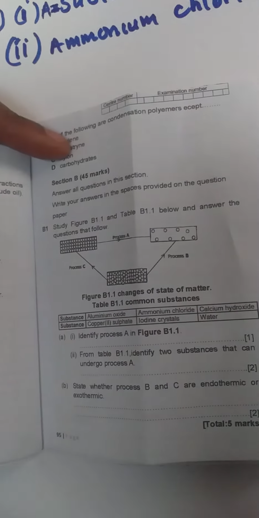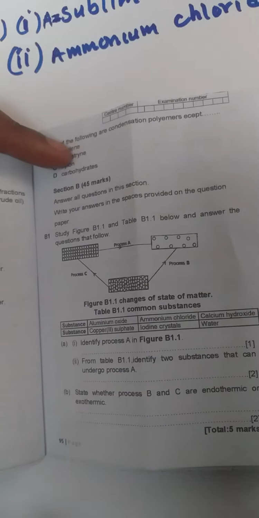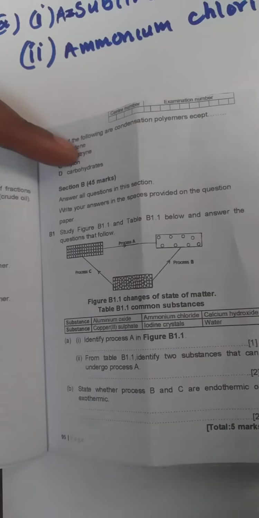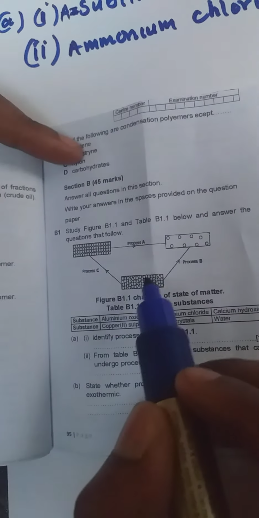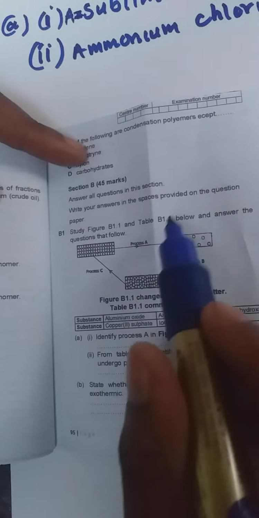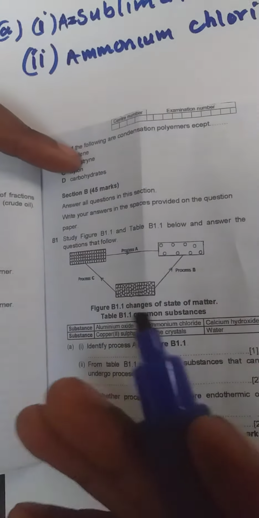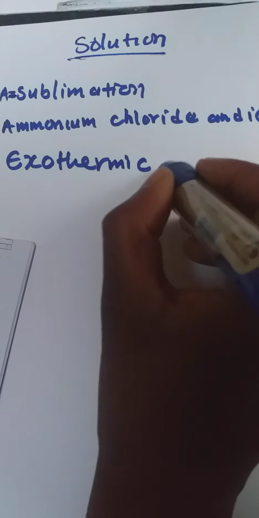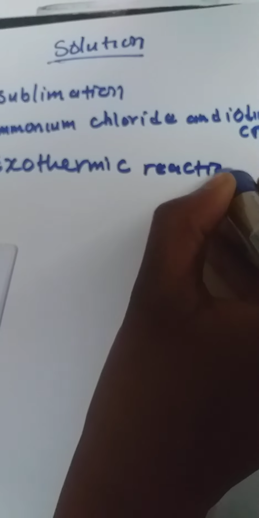For something to solidify, it needs to lose heat to the environment, so that is exothermic. And for something to convert from liquid to a gas, there's heat which is given out in the form of vapor, and so therefore we're going to say these reactions, instead of absorbing heat, give out heat, and therefore they are exothermic. So exothermic means giving out heat. So these are exothermic reactions.